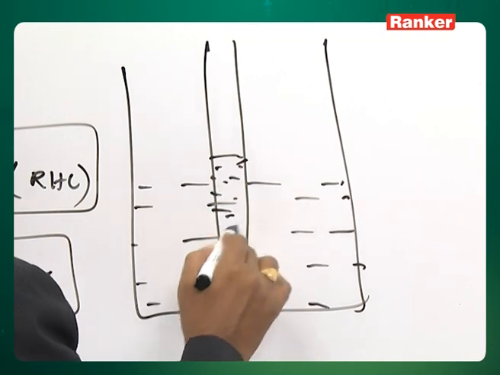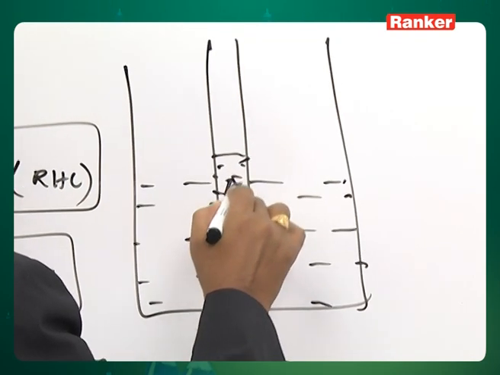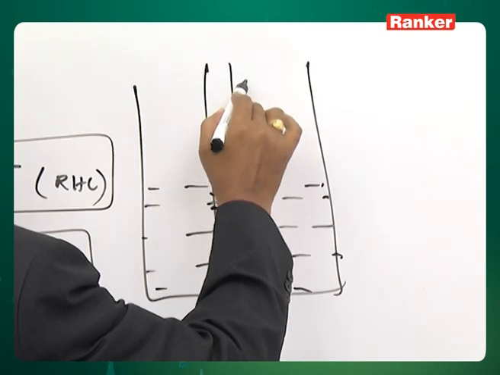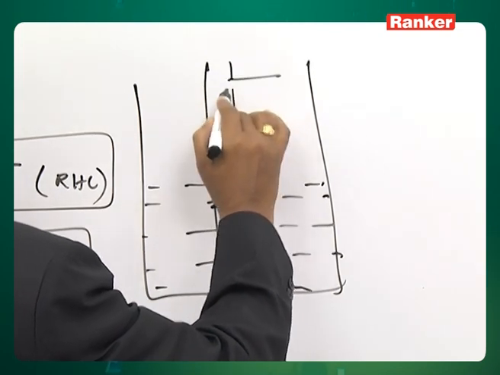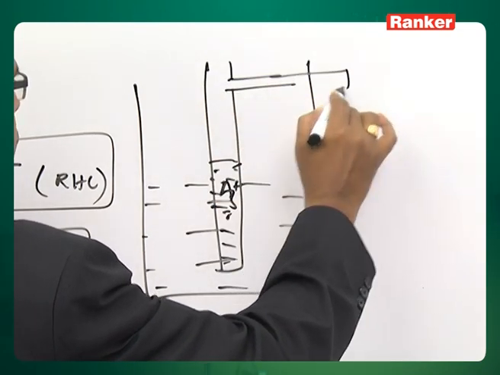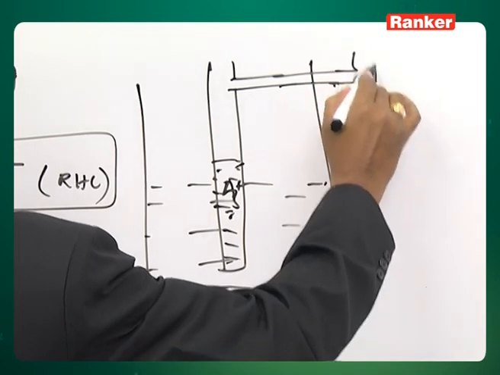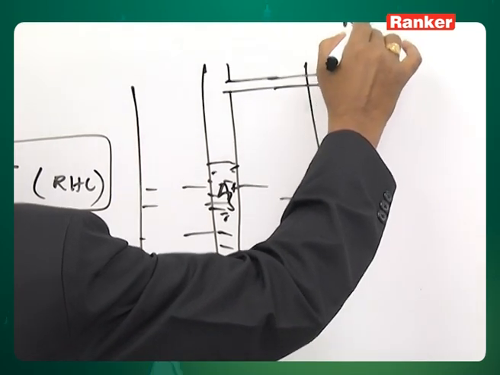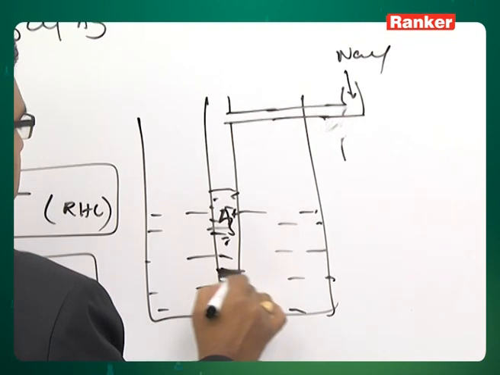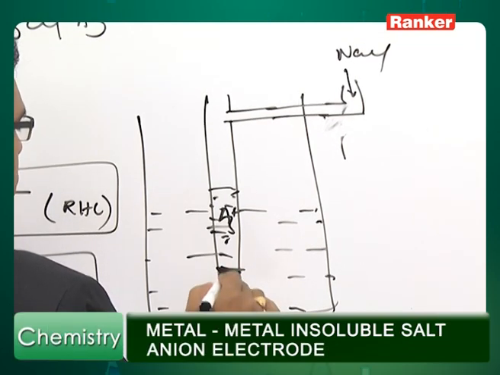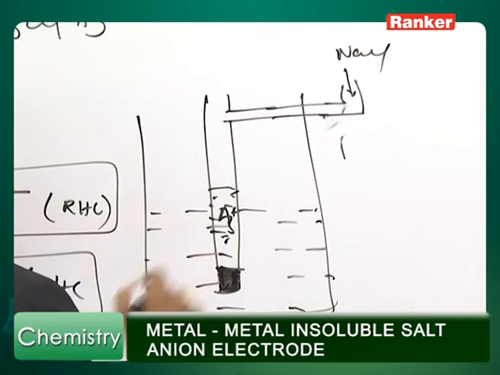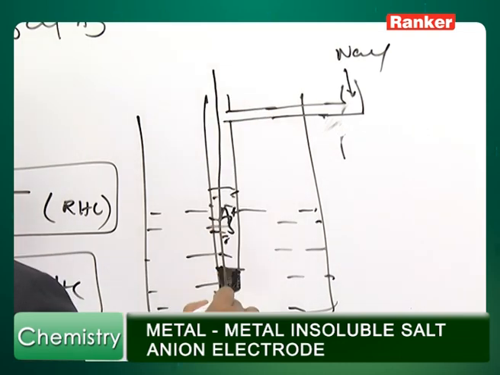So, it is Ag plus solution, into this NaCl is added. When NaCl is added, the precipitate is formed over here and a silver wire is kept in this.